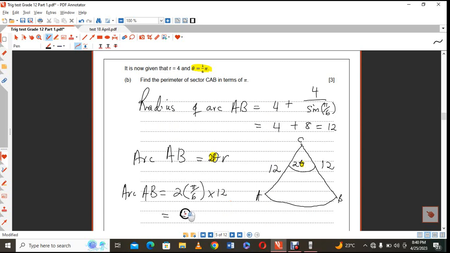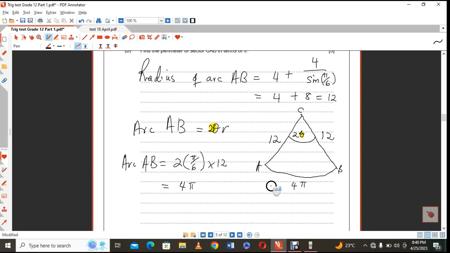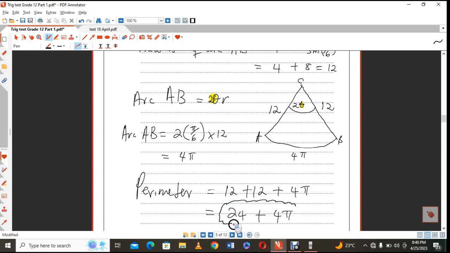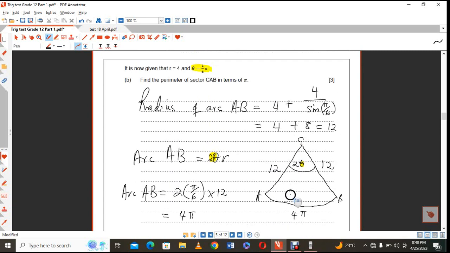So this over here is 4 pi. So now we can calculate the perimeter, because the question wants us to find the perimeter. It will be nothing but 12 plus 12 plus 4 pi, and the answer is 24 plus 4 pi. Again, you must leave your answer in terms of pi. You get a mark for that. It says leave your answer in terms of pi.